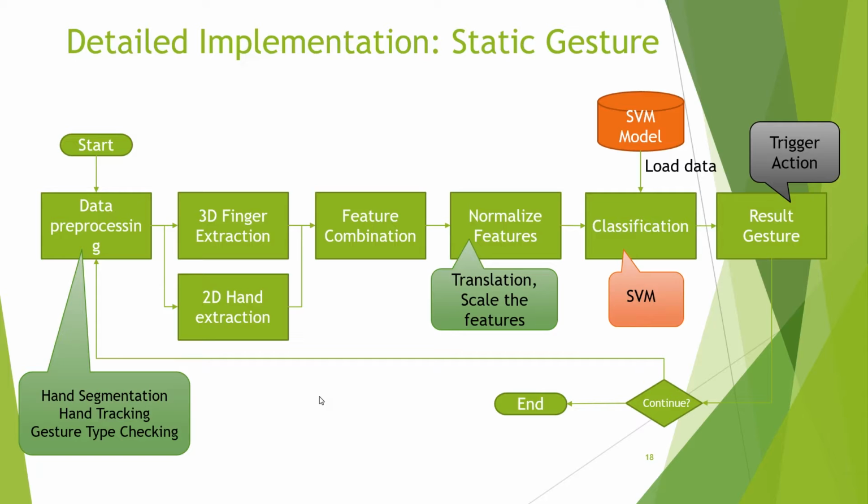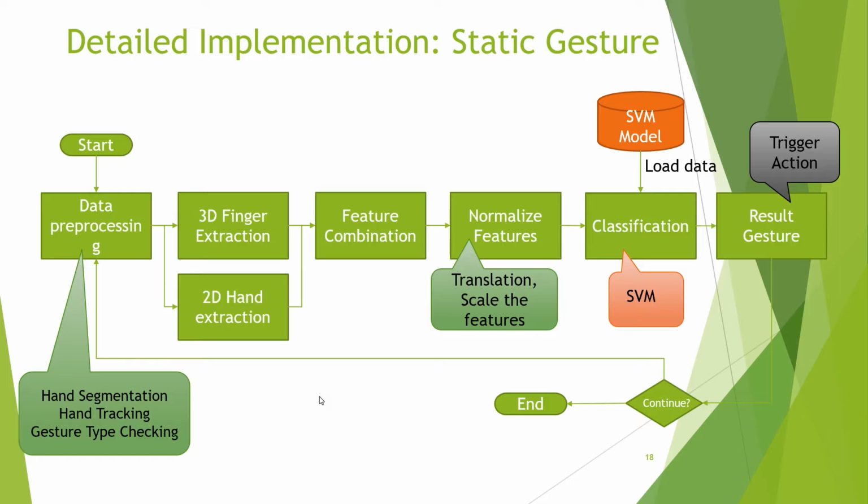Then we normalize the features, translate and scale them, and use the SVM classification. Using the SVM model that we trained before, we can get the result, the gestures.